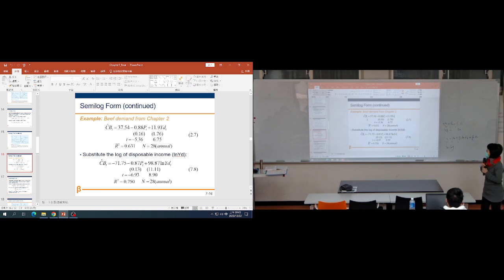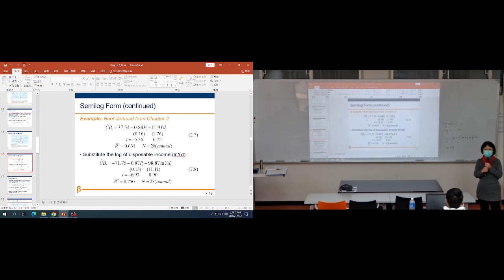But if I change my question, that if I take the log of the CB, if I change the CB into the log CB, then they are not comparable. As long as we have the same y, yes, we can compare using those criteria.